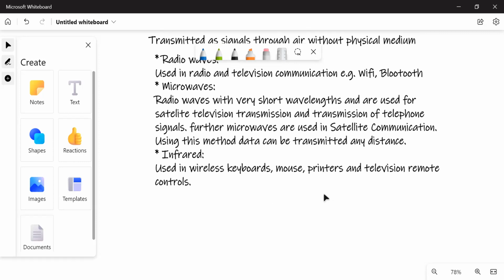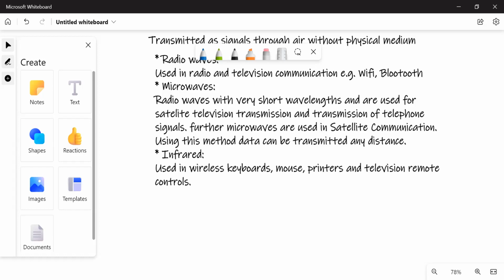Now that we have discussed the three, you can compare them if you want. A few things to note: there are differences between radio waves, microwave, and infrared. For example, the frequency ranges are different.